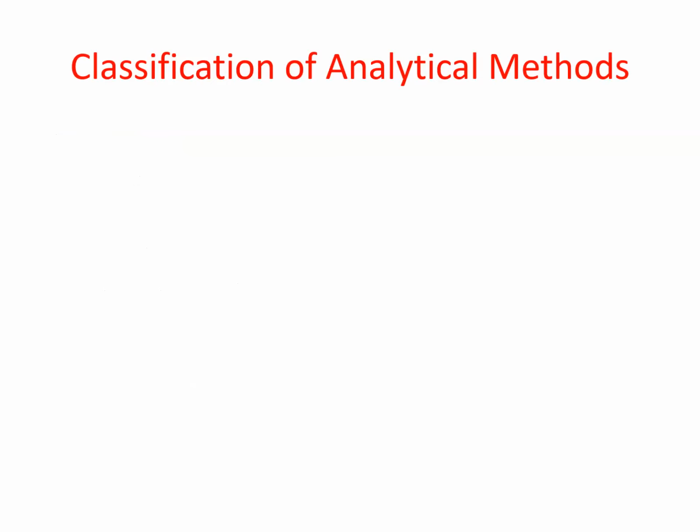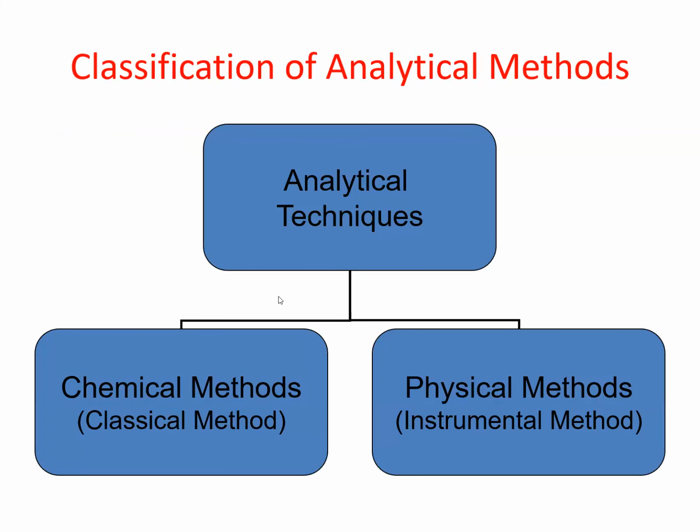And therefore, as we go about determining or characterizing the content of materials, we need to be aware of the classification of the analytical methods that we use. Analytical methods can be classified into 2 broad categories: chemical methods, or the classical methods that were used before.